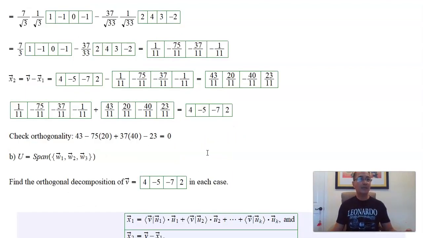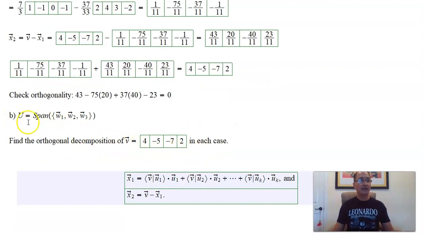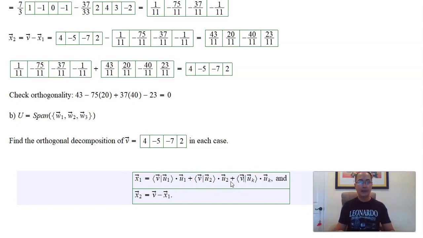Okay, so let's do the same now for the second subspace. If we were to follow the recipe, all we have to do is add one more vector: take the inner product with u3 times u3. But why should we do that?